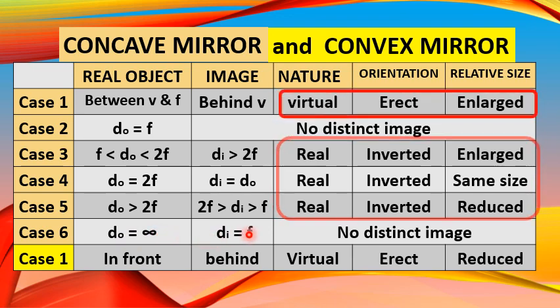So the image of the sun, when seen through a concave mirror, there will be no distinct image. In other words, the sun will just form a very bright spot at exactly equal to the focal length of the mirror. So there is also no distinct image.